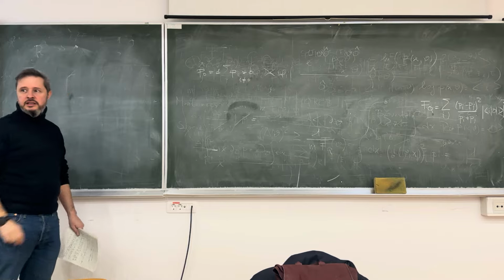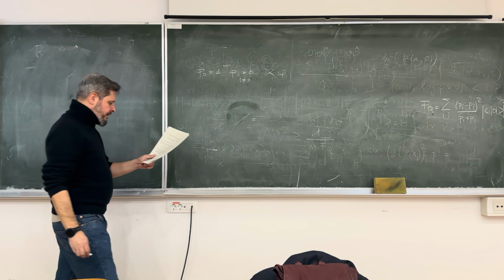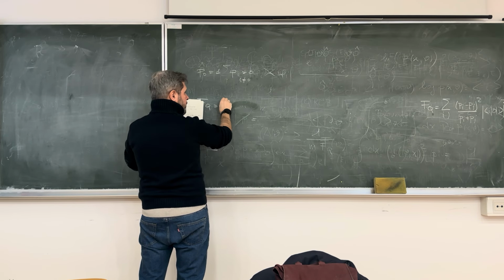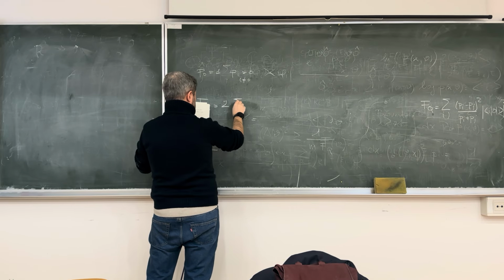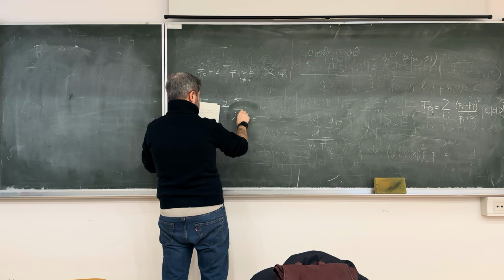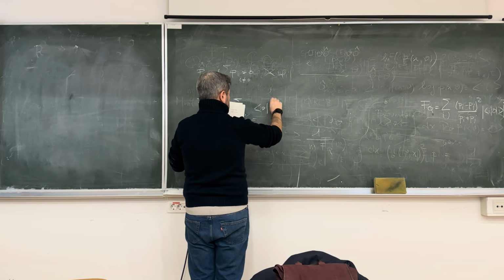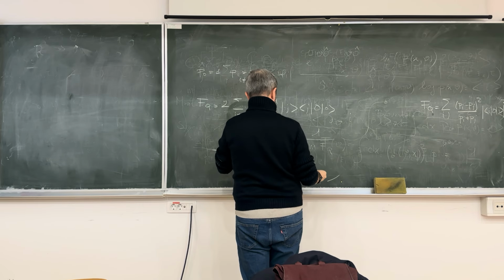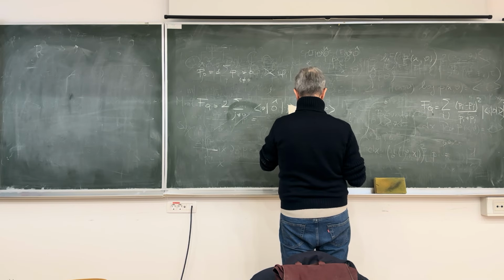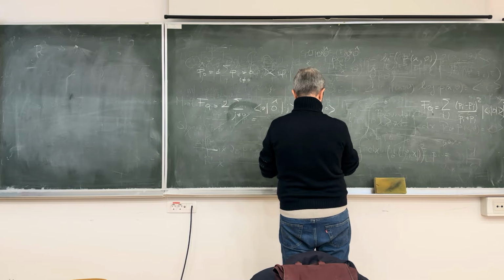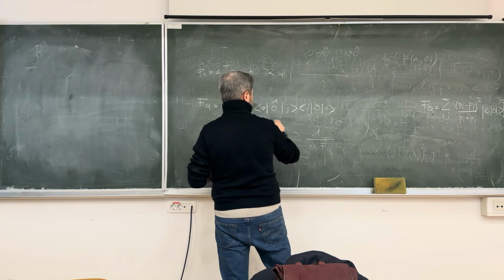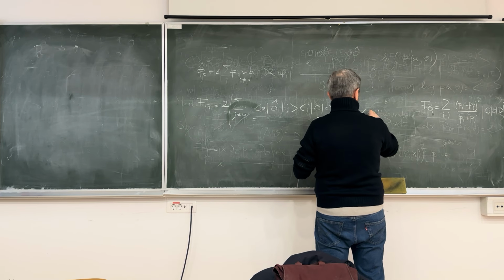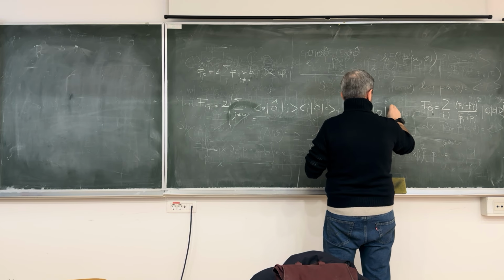So you have just one state that is sitting there. Then in this case, F_Q is equal to 2 sum over j not equal to 0 of j, plus sum over i not equal to 0 of i.